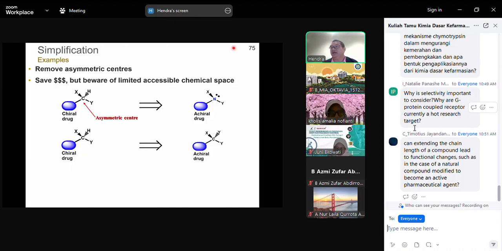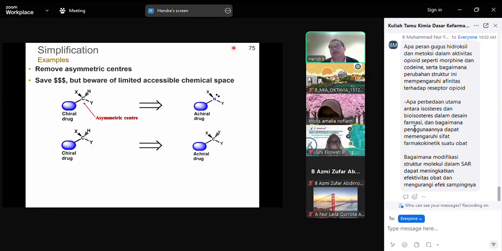Okay. Next one, Miss Elsa. Miss Elsa, could rigid molecules increase the risk of immunogenicity due to their unnatural, non-flexible structures? Immunogenicity, probably not. Toxicity, perhaps yes. It could be more toxic, because in the natural form you are seeing that flexibility, so you don't get as potent an activity.